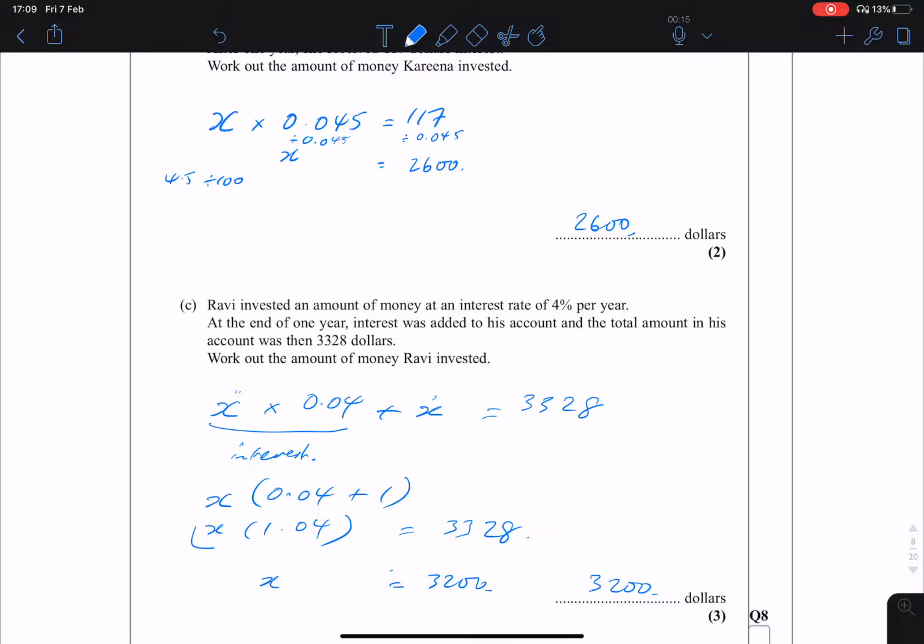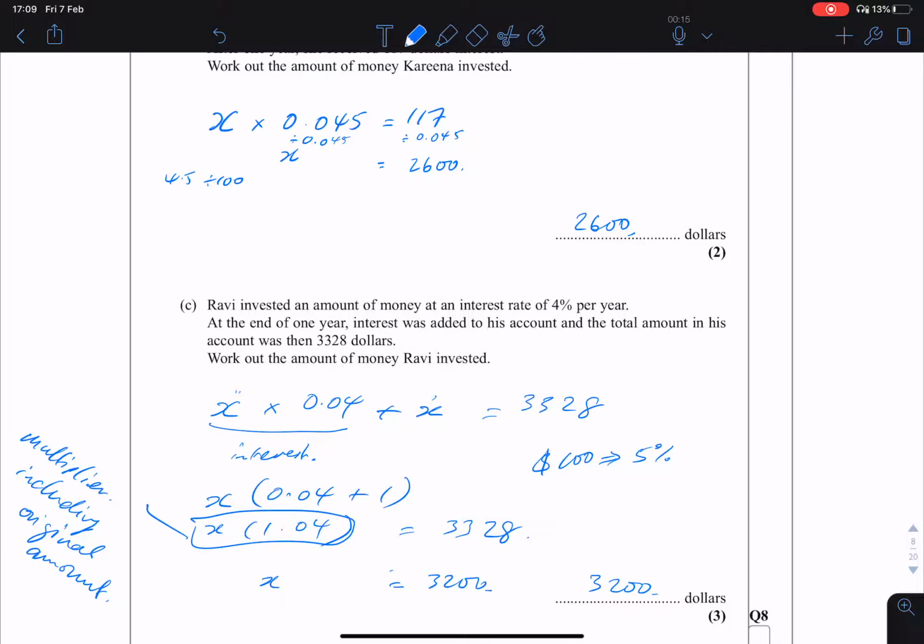Now, this 1.04 here, that's always the multiplier, including the original amount. So if I invest $100 in a bank at 5%, I know that at the beginning of next year, I'm going to get $105.